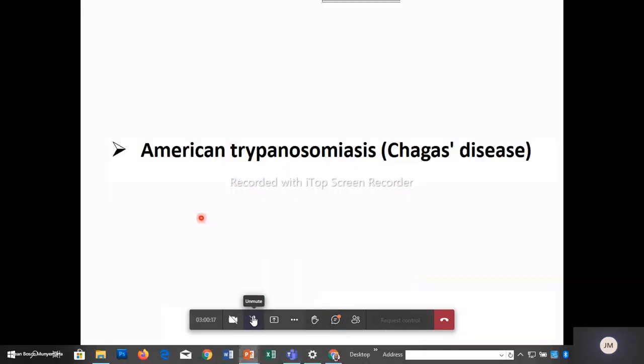Now let's see American trypanosomiasis, or Chagas disease. The difference in morphology is that Trypanosoma brucei is coiled. You can see how it's coiled. It's not straight.